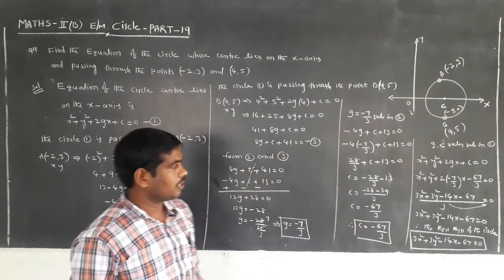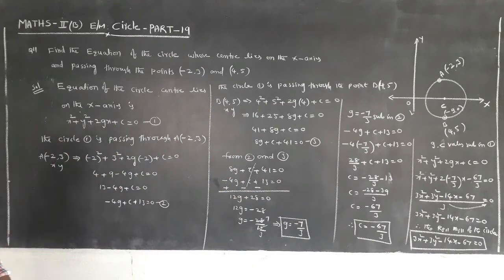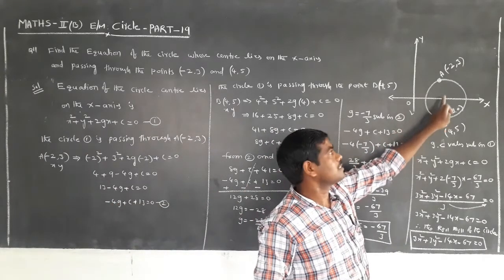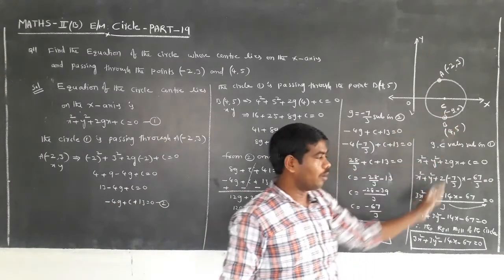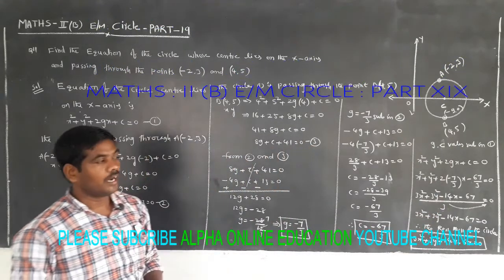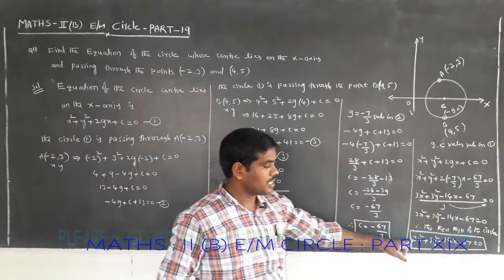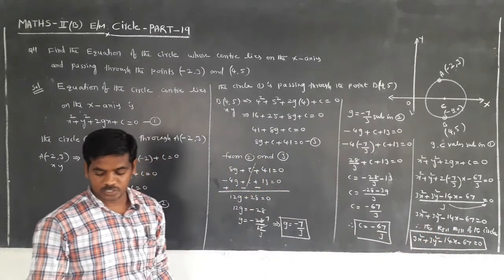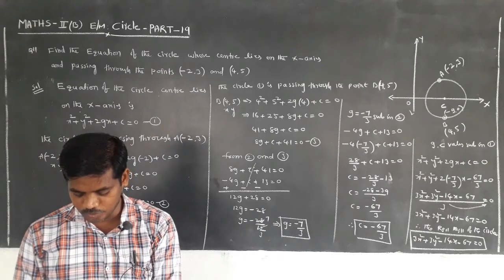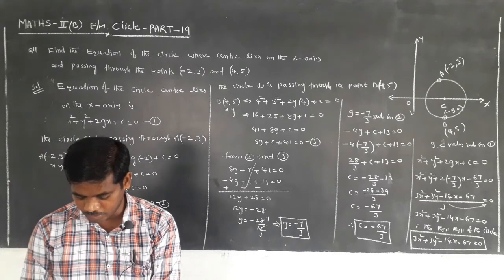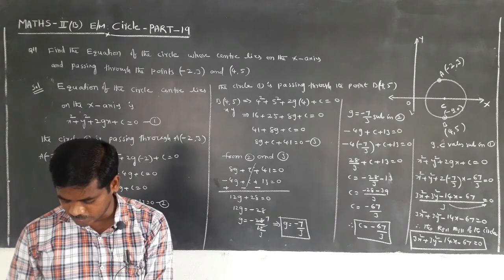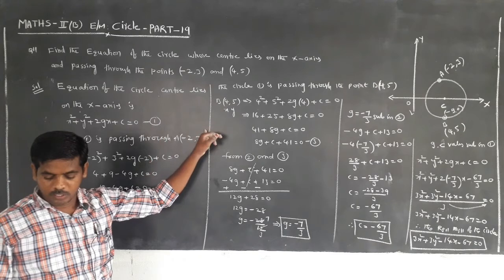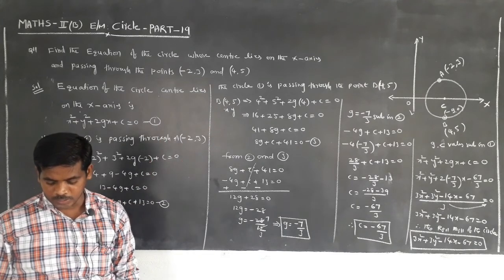The equation of the circle whose center lies on the x-axis and passing through the two points (-2, 3) and (4, 5) is 3x square plus 3y square minus 14x minus 67 is equal to 0.